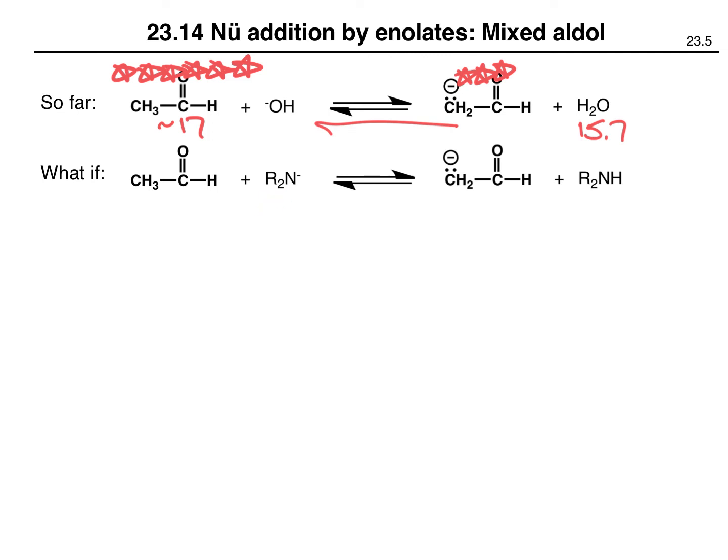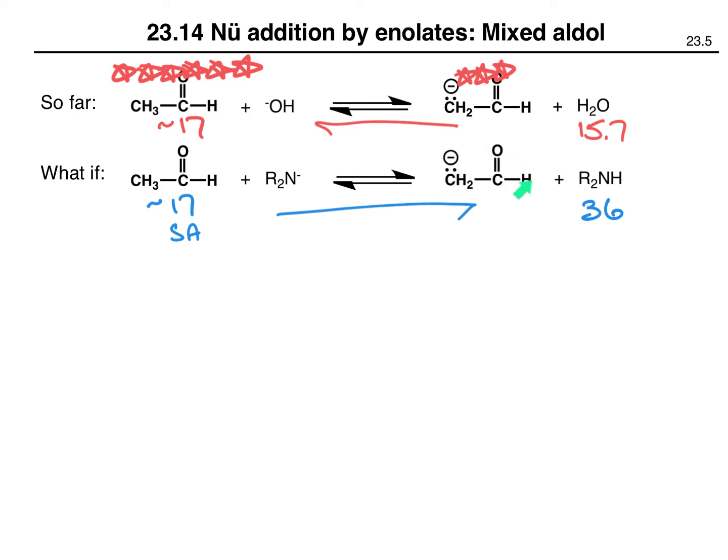If we have an amine base, then that can grab off the alpha proton, form the enolate, and now we're talking about a pKa value of about 36 compared to about 17. And so this is the stronger acid, so the equilibrium lies very far to the right. What this means is that now we have present mostly enolate, and there's very little aldehyde for this to react with.